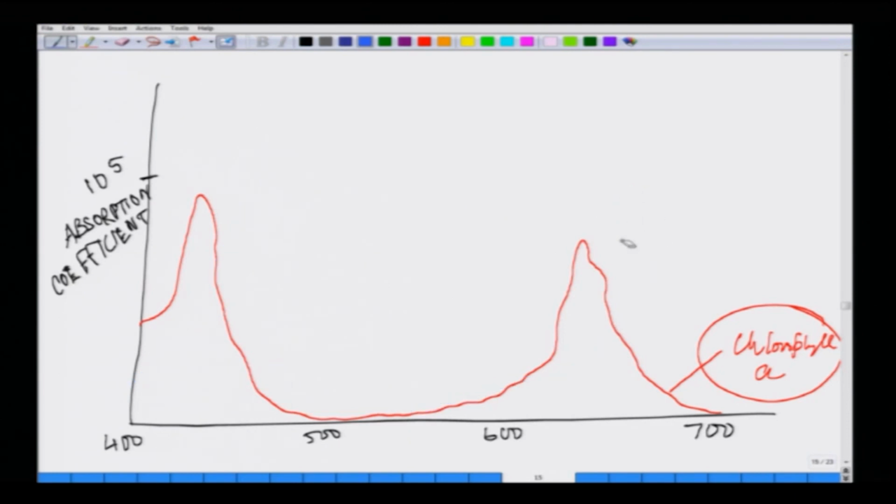One second, let me draw this spectrum again. So chlorophyll B starting like this out here, and it comes back and somewhere out here.